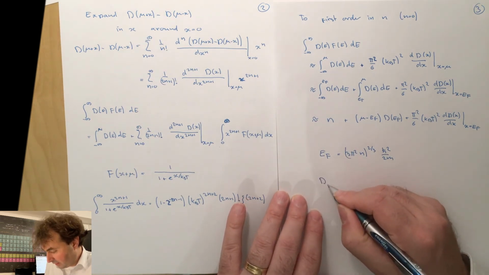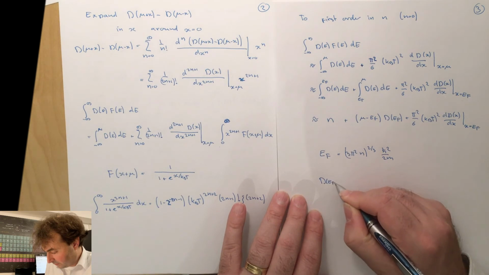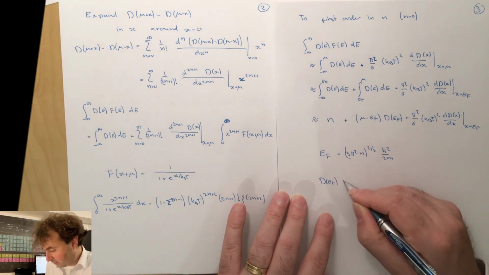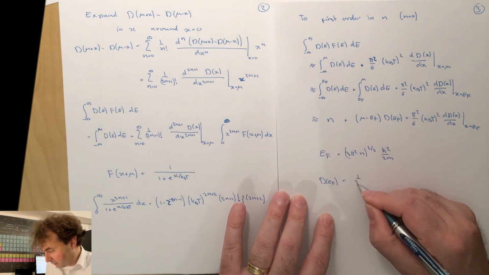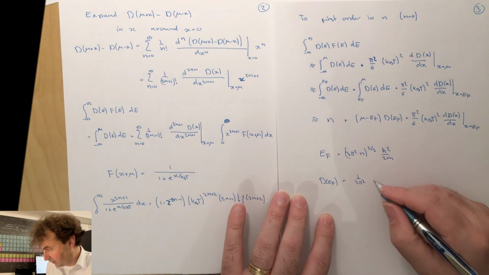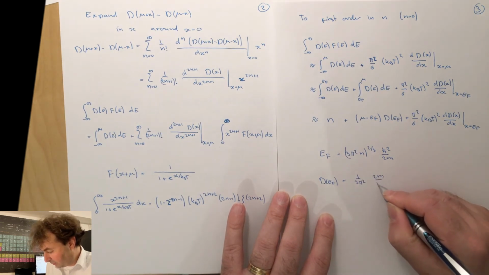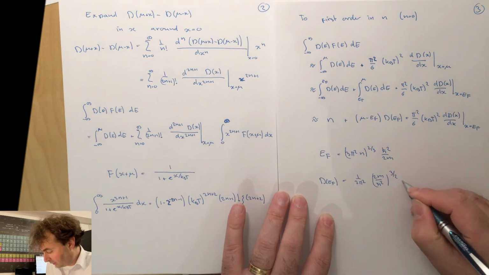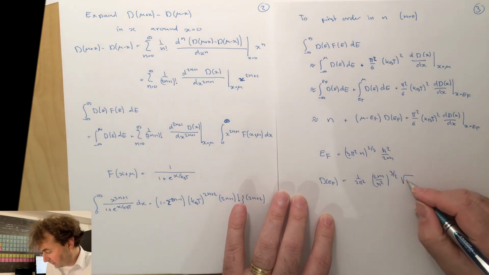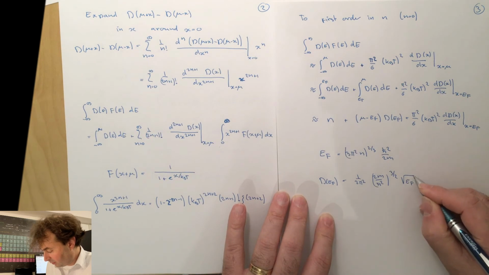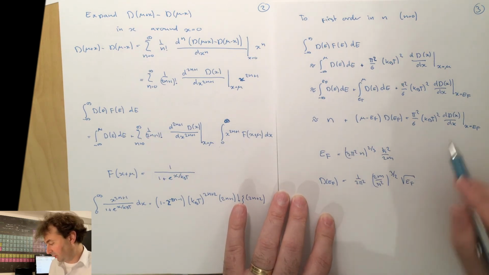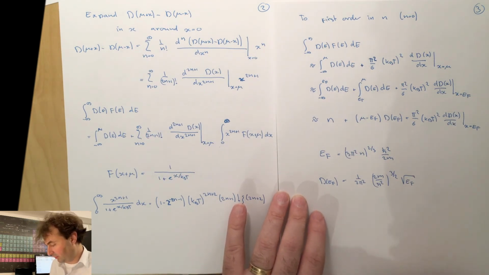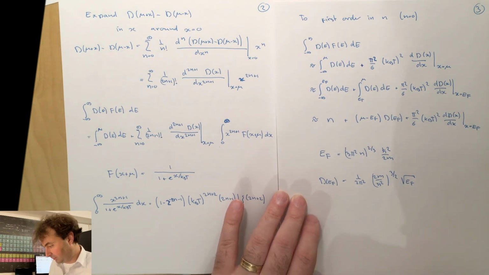And we know the densities of states, at the Fermi energy, which is 1 over 2 pi squared, 2m over h bar squared to the power 3/2, and then the square root of the Fermi energy. Actually, we need a derivative in there.